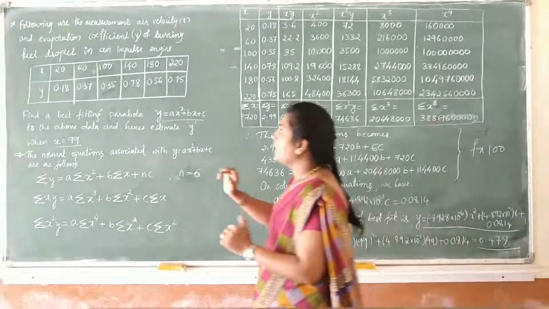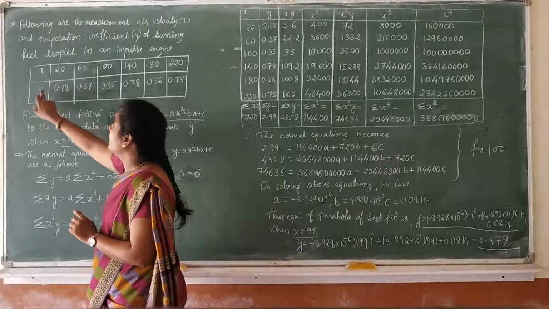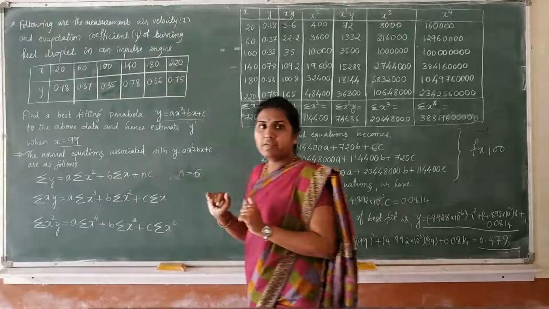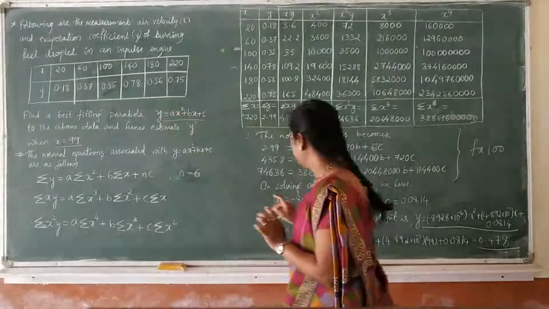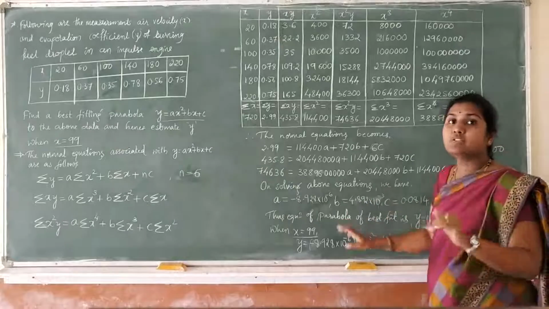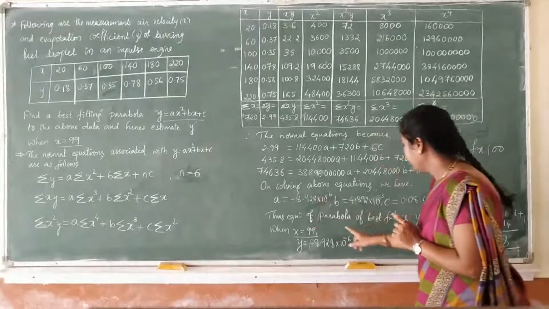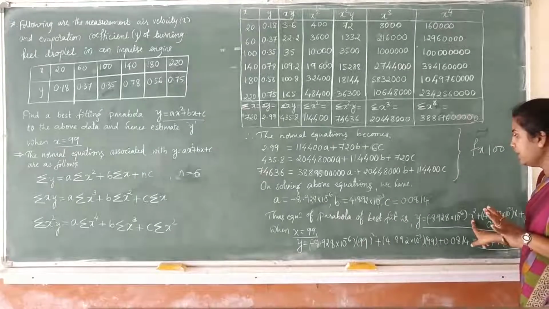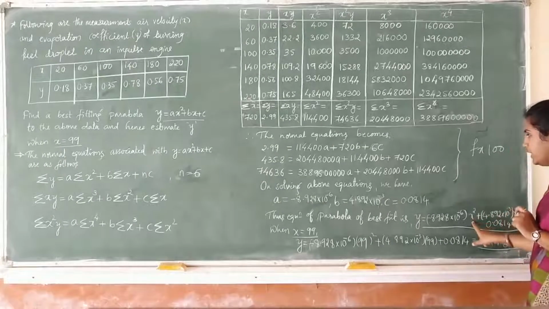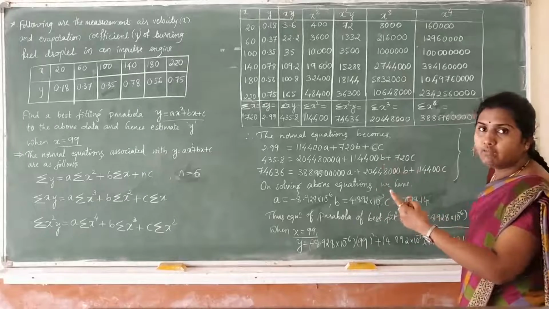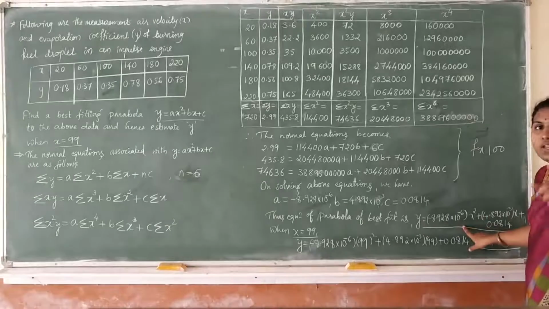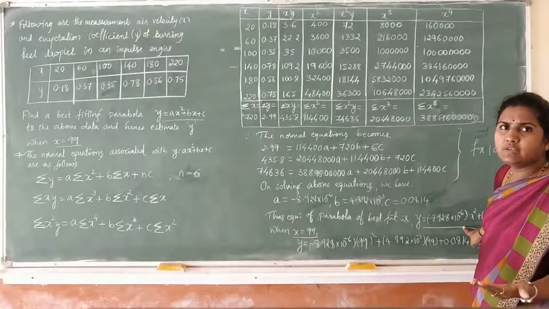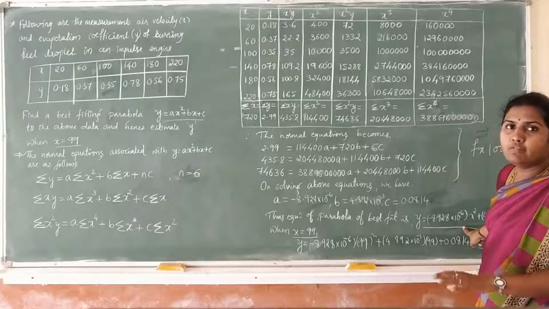Here we already have x and y values. When x equals 20, y equals 0.18. They have given this. Just to cross verify whether the ABC values we have obtained are correct or not, substitute x equals 20 in this equation. If you substitute x equals 20, they have already given 0.18, so you must get 0.18 or some nearer values like 0.17, 0.175 and so on.